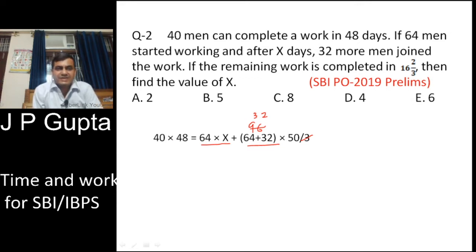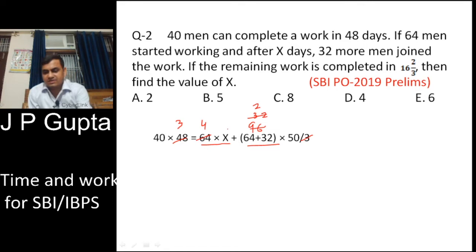So if you do the cancellation by 16, 16 3s are 48, 16 4s are 64, and 16 2s are 32. I hope you remember, since there is an addition, we have to do the cancellation from the first part and from the second part as well.